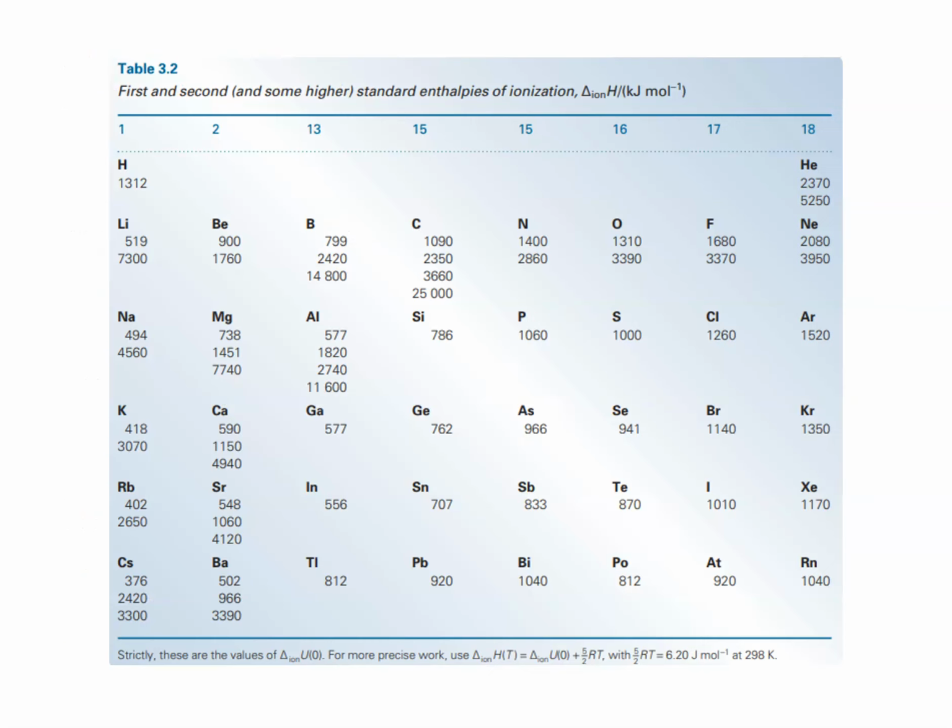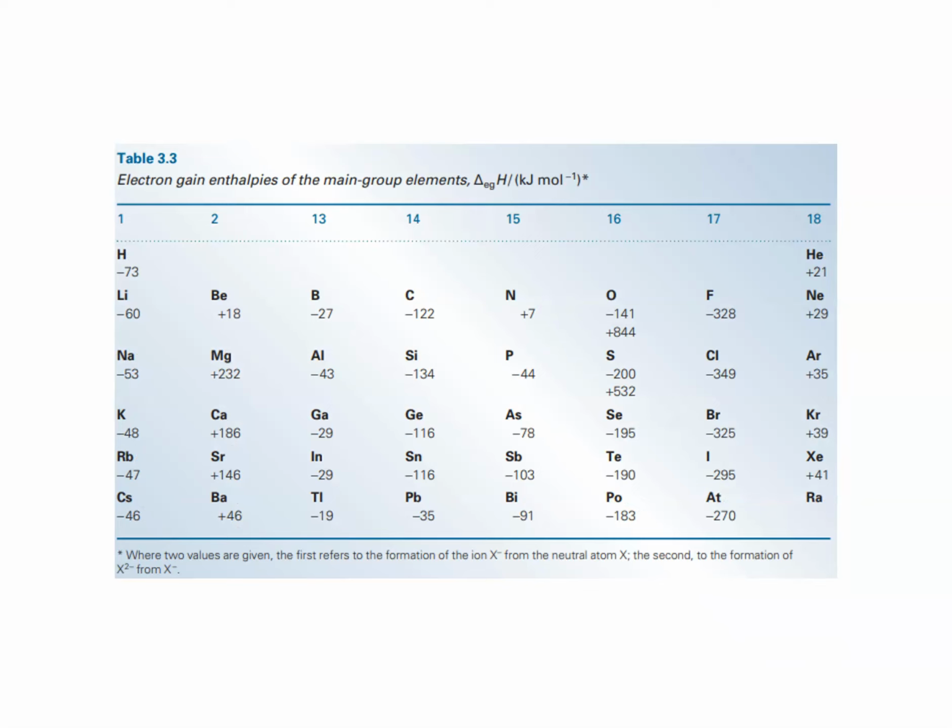Now, to wrap up this lecture, we have a few tables to look at. We have table 3.2, which includes the first and second and occasionally higher standard enthalpies of ionization. So we have our ionization enthalpies here. In table 3.3, we have our electron gain enthalpies for main group elements. And you can see the trends which we discussed in both of these tables.